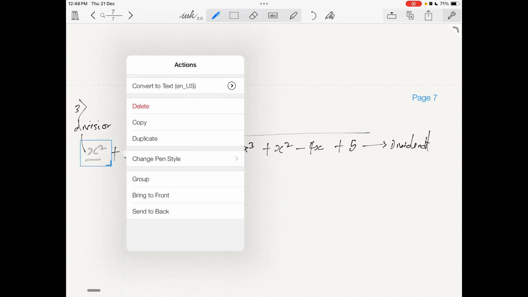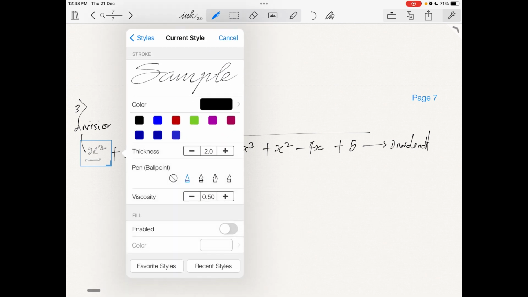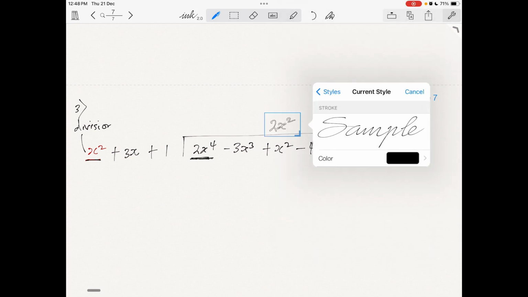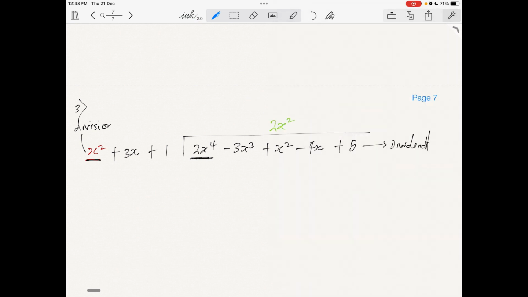So 2x raised to the power 4 divided by x squared will give me 2x squared. Then I multiply the 2x squared with the whole of the divisor, right? So that's 2x squared multiplied by the whole of the divisor.